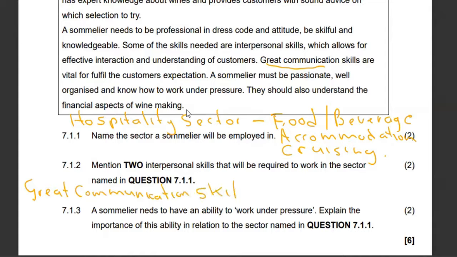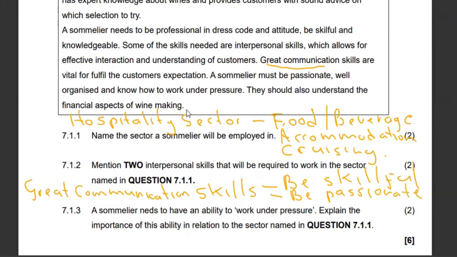Then in addition to that, you must be skillful. You need skill. You need also to be passionate.